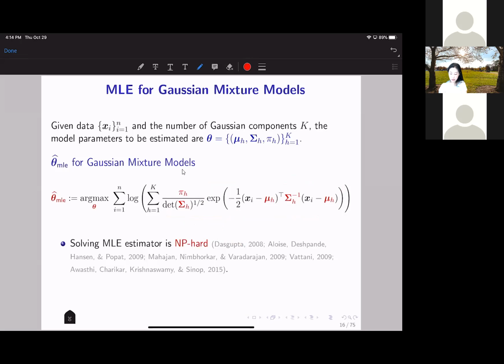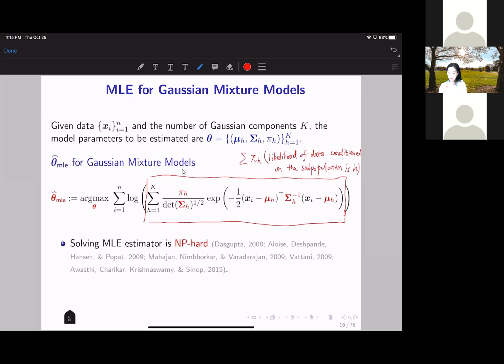Now, what is this thing? Think about the summation.